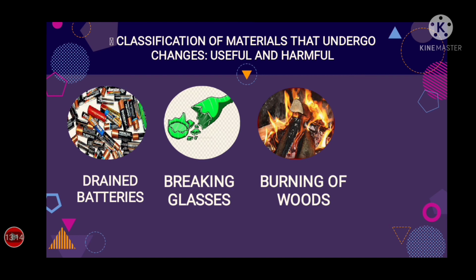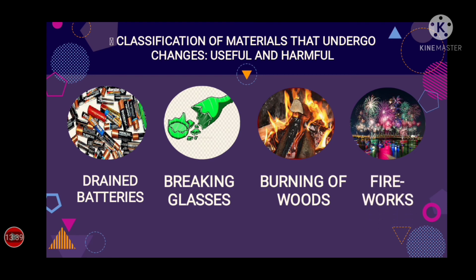So, yung kahoy is matigas pa. Pero pag na-burn, it turns into ashes. So, the substance of the tree, when it is not yet burned, and the ashes, when it is already burned, makes it a harmful material.